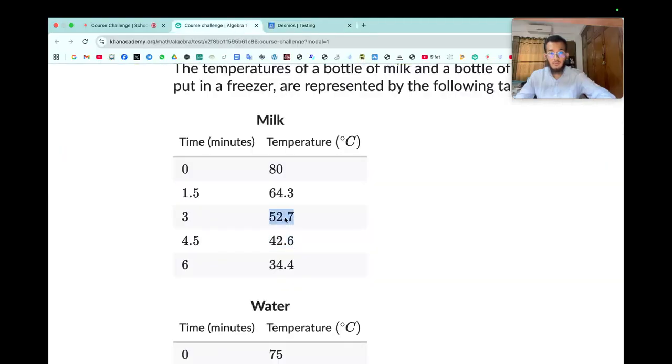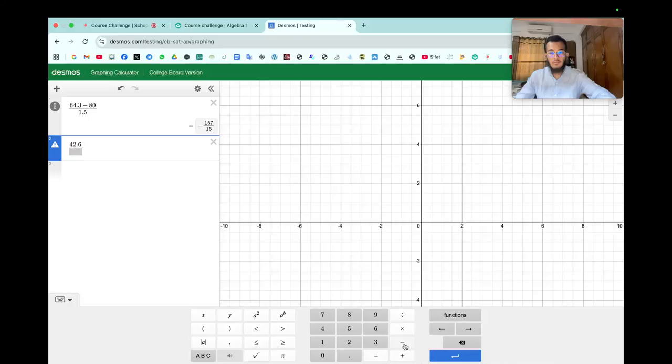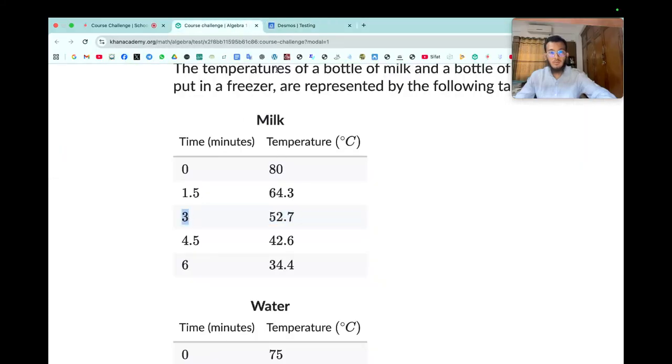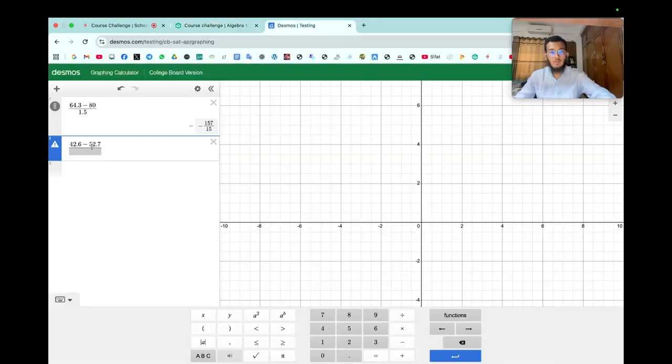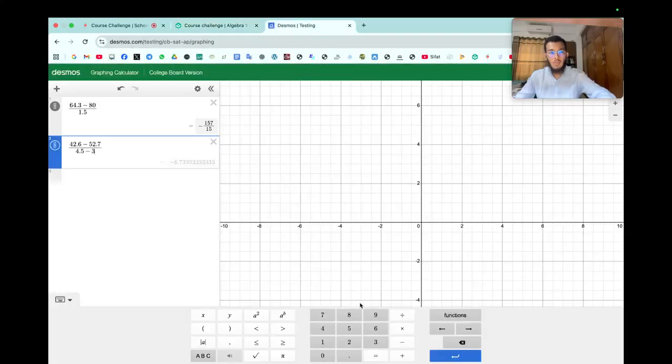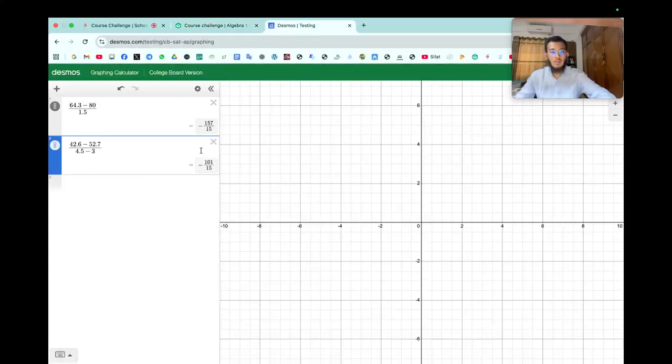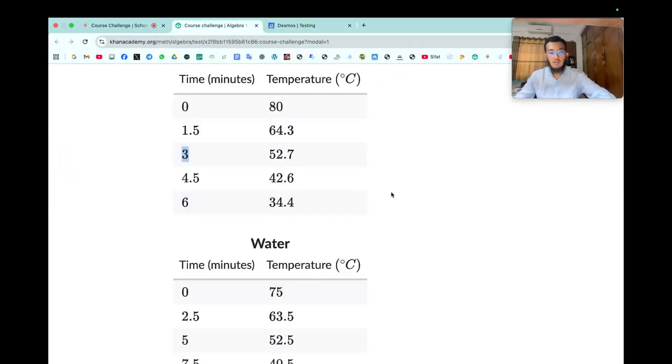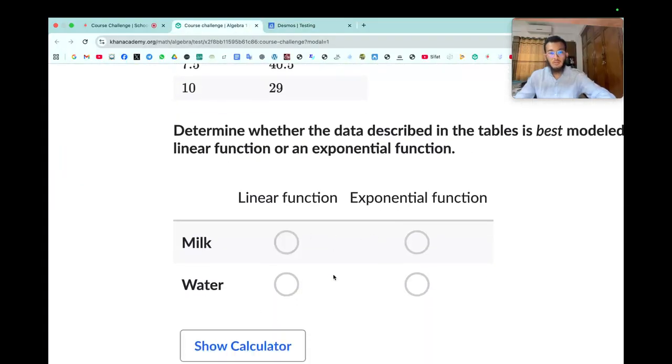So y2 minus y1 would be equal to 46, and x2 minus x1 is 3. As you can see, the gradient is not the same, so milk will not be a linear function. Milk must be an exponential function.